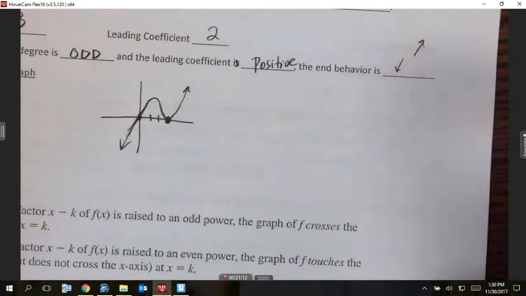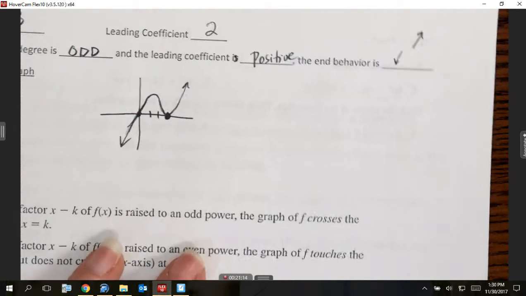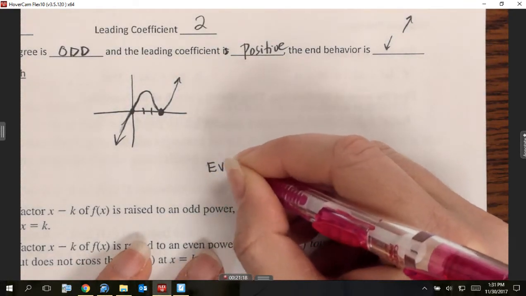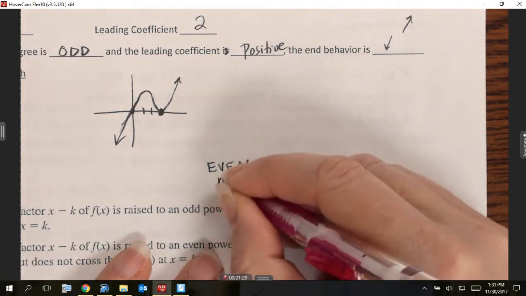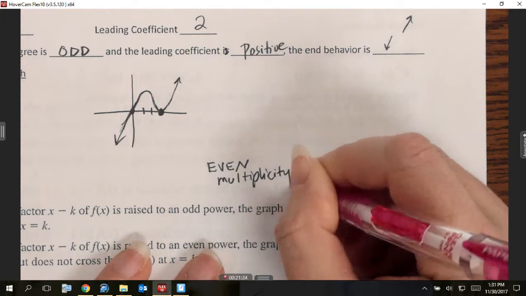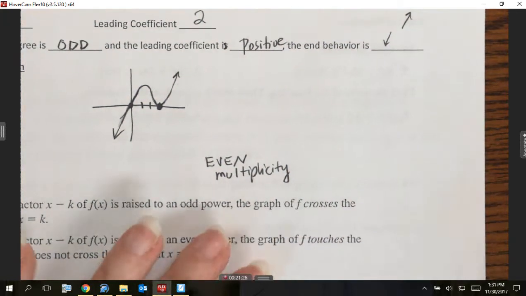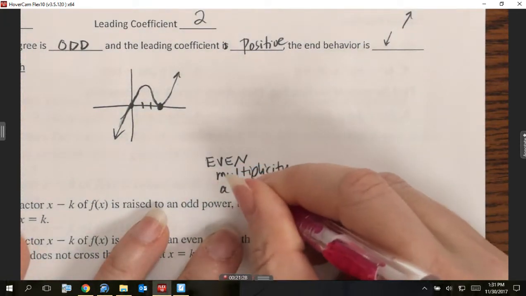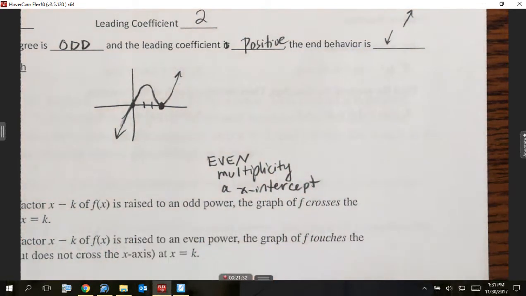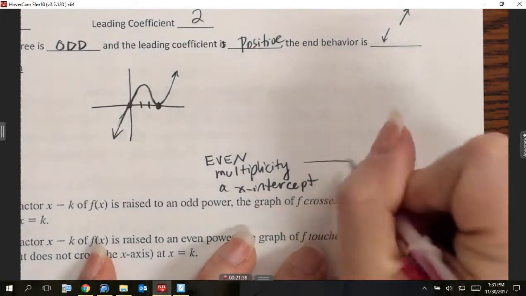Okay, so every time we have an even multiplicity at that x-intercept, doesn't matter if it's 2 or 4 or 6, anytime we have an even multiplicity at that x-intercept, what's going to happen at that x-intercept?